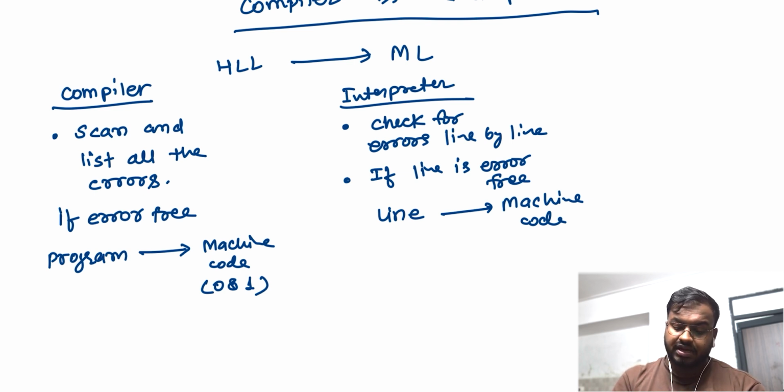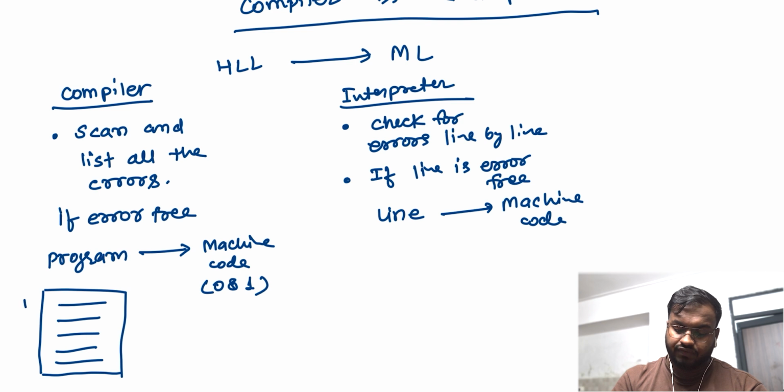Now if we try to visualize them, let's suppose this is your program and these are lines of code which you have written, line number 1, 2, 3, 4 and 5. Let's suppose line number 4 has an error. If you use a compiler, then it will show that there is an error at line 4.